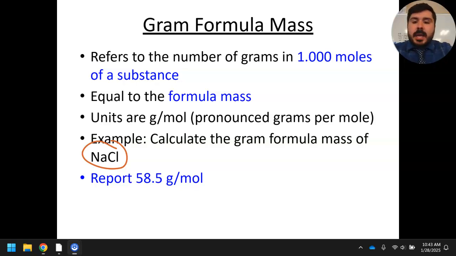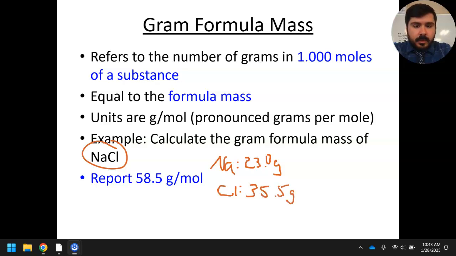And so I'm going to be taking a look at my periodic table and finding Na by itself, because Na by itself has a mass of 23.0 grams. Cl by itself has a mass of 35.5 grams.